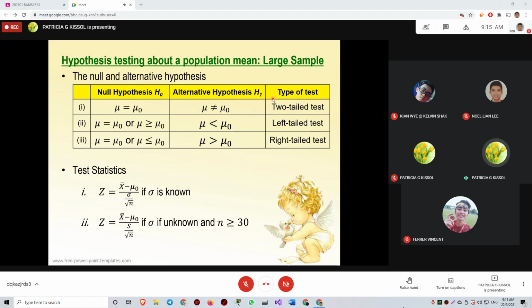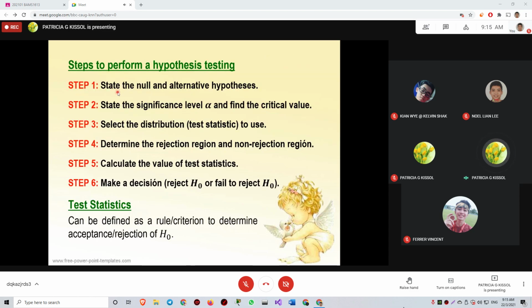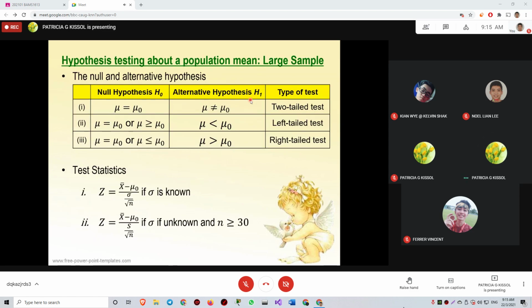So because your step 1, let me go back to the previous slide. You see here, step 1 is to state the null and alternative hypothesis. This is the most important part. That means you must successfully state what are your null hypothesis and alternative hypothesis, and where you get the decision on what type of test you choose is from the question.